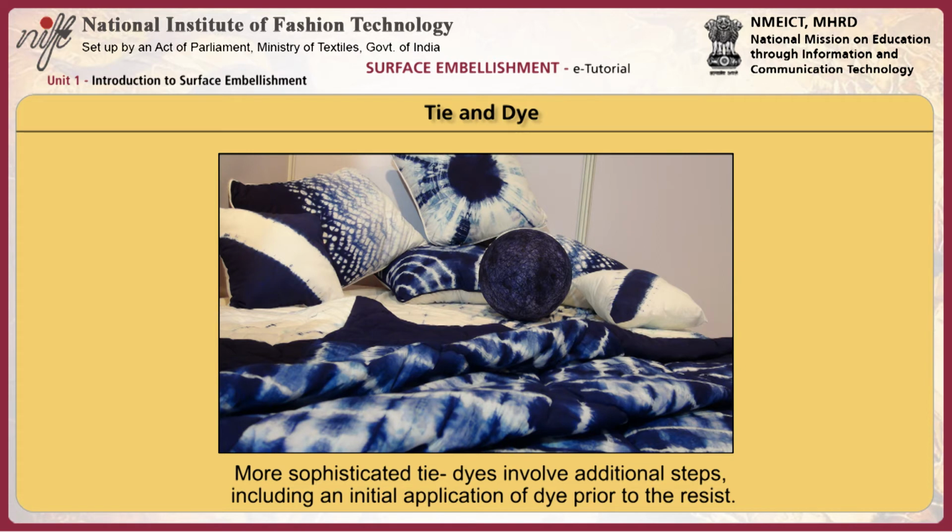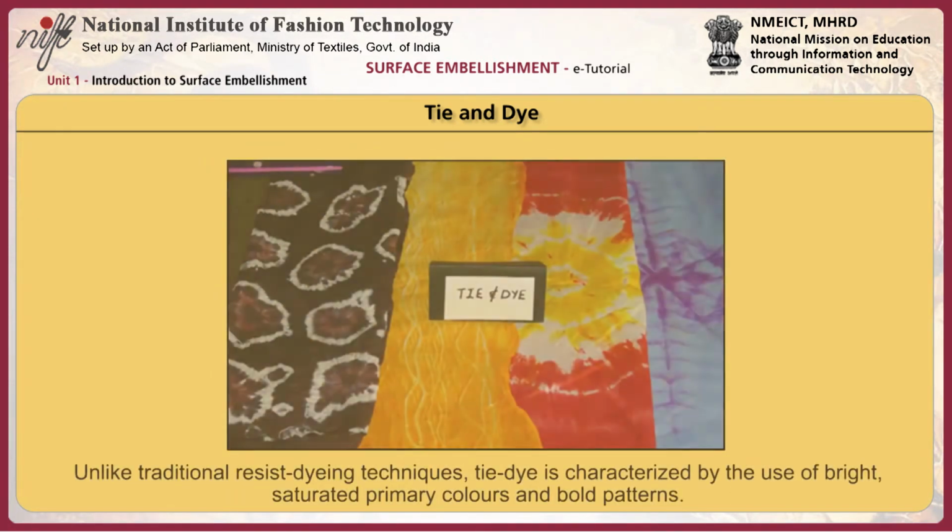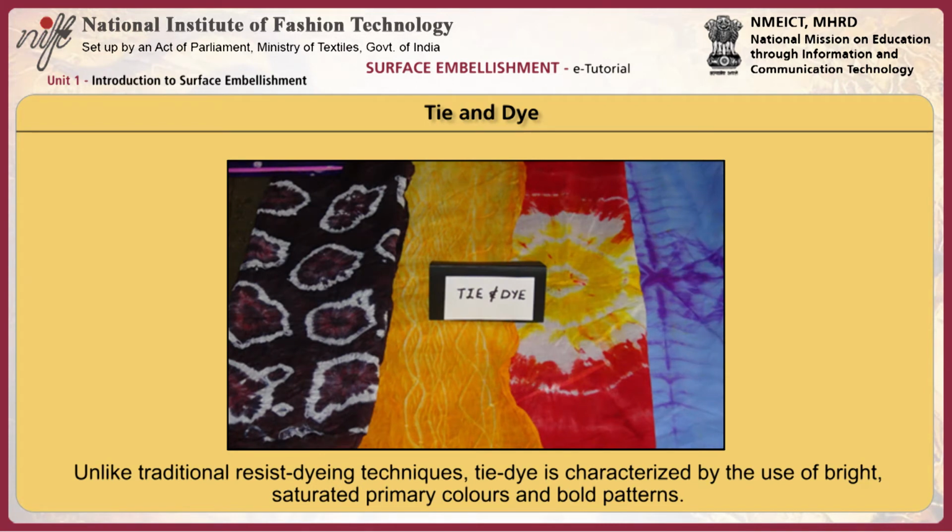More sophisticated tie-dye involves additional steps, including an initial application of dye prior to the resist, multiple sequential dye and resist steps, and the use of discharge. Unlike traditional resist dyeing techniques, tie-dye is characterized by the use of bright, saturated primary colors and bold patterns.